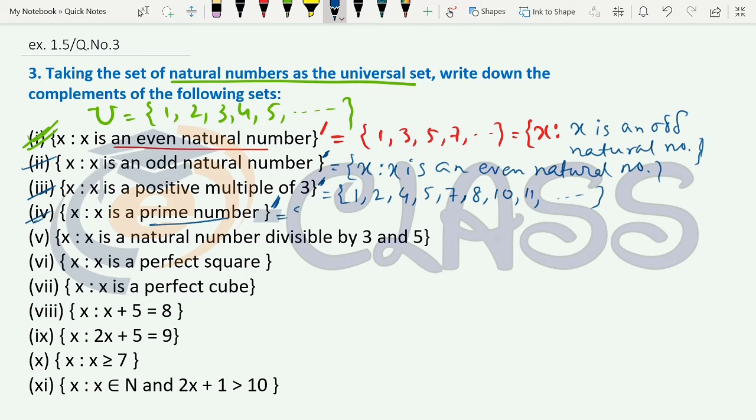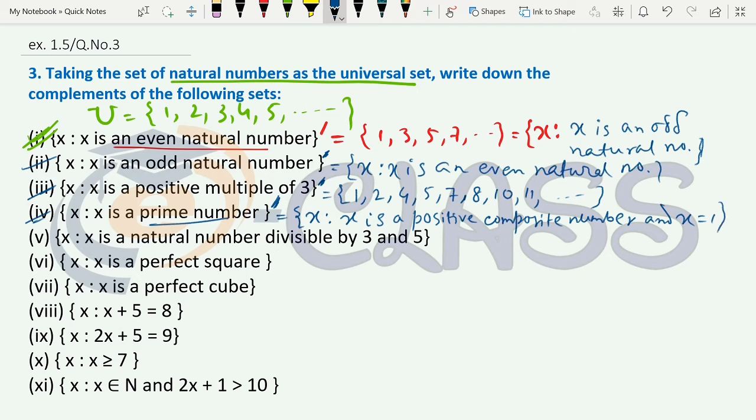So you can write the complement of the set of prime numbers as x such that x is not a prime number, or you can say x is a positive composite number, and x equals 1.